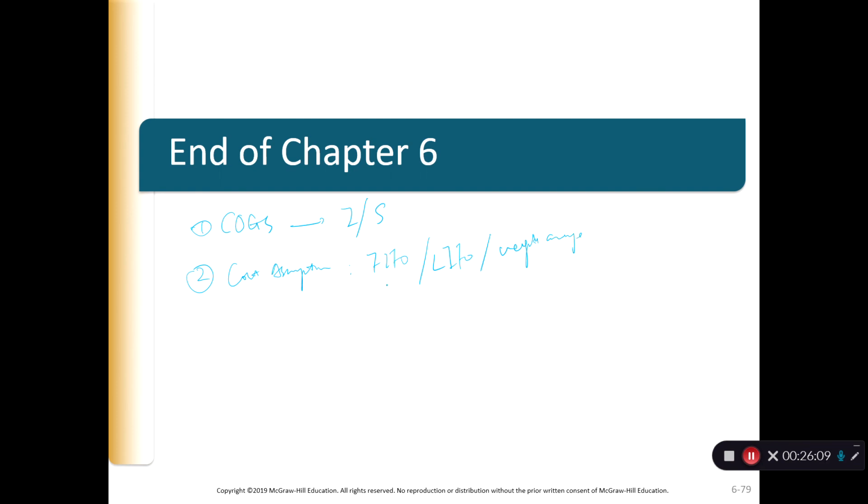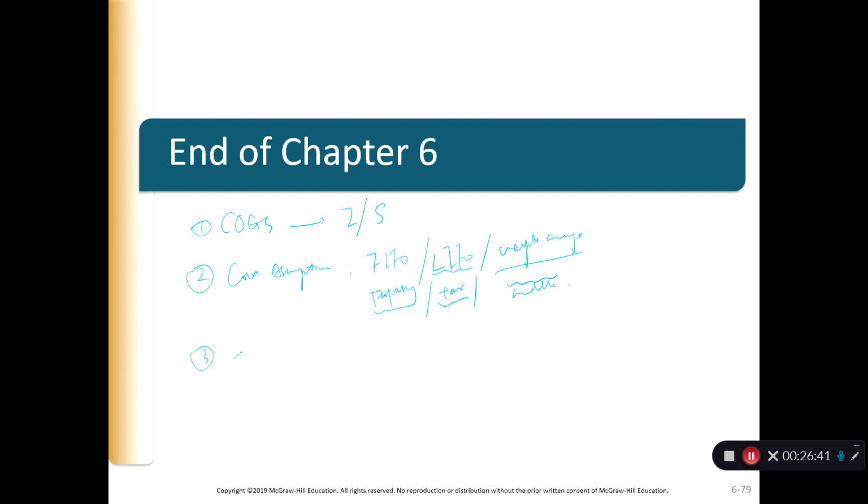We said FIFO is good for profitability, LIFO is good for tax return purposes, and weighted average does not have any preferences or benefits. It's in the middle ground. Hence, the tax authority says that if you use LIFO to report on your corporate tax return, then you should also use LIFO for financial reporting purposes. That's called the LIFO conformity rule.